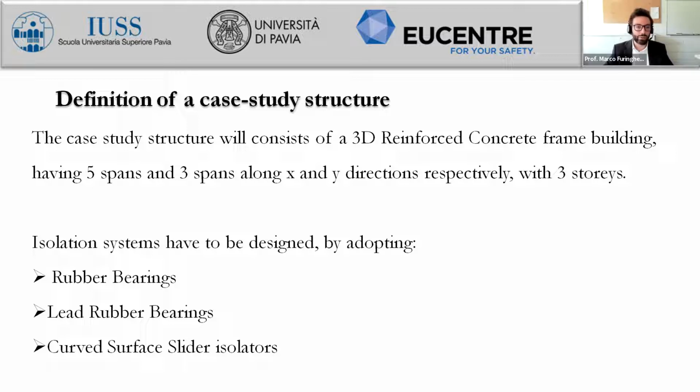So we will have hybrid systems, most probably for rubber bearings and lead rubber bearings. So we will have also to model flat sliders, and then we will consider also curved surface slider isolators through the nonlinear links that we have mentioned last week.